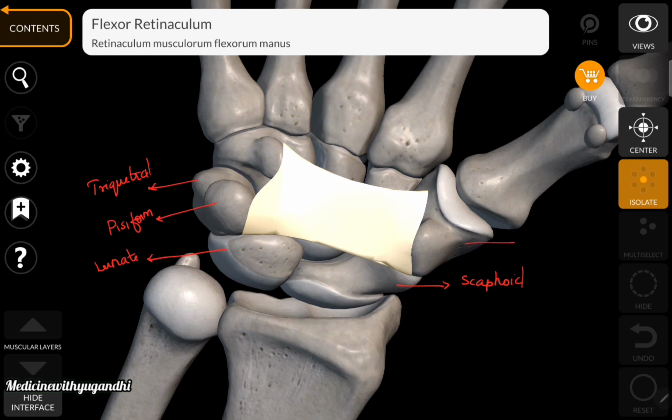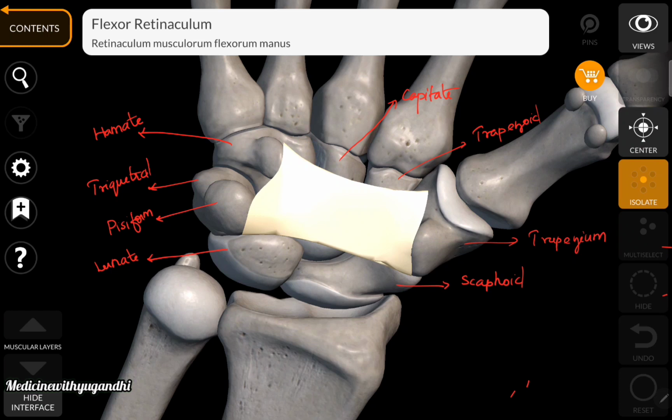And what you're seeing here is the trapezium, and here is the trapezoid, and then this is the capitate, and here you can see the hamate.